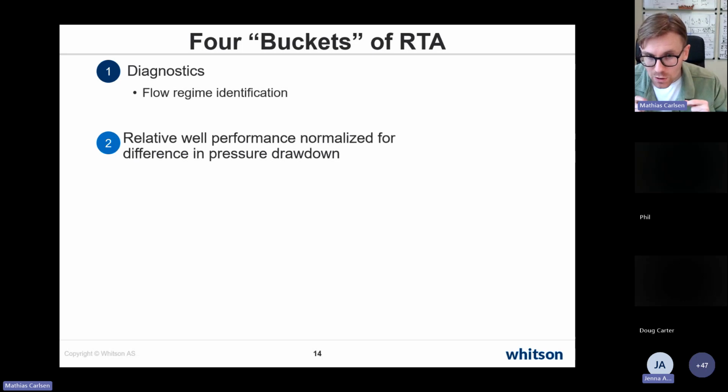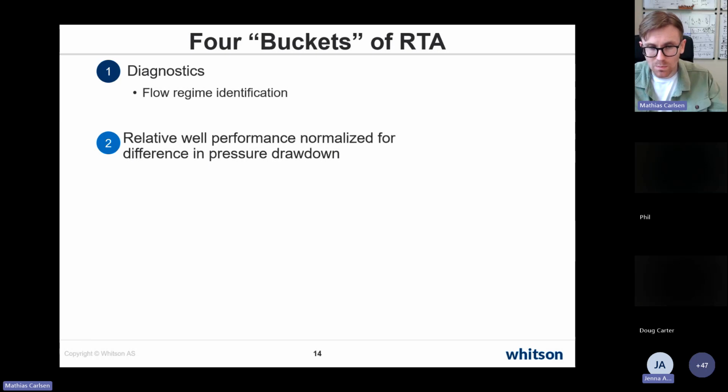And the nice thing now is that you have normalized out for this difference in pressure drawdown, because different wells can have very different pressure drawdown profiles. So if you compare, for instance, the cum of a well at 100 days, and let's say they were the same, but to get that cum, you would have to draw down a well 3 times as hard versus another well. The 2 wells are not the same when it comes to productivity.